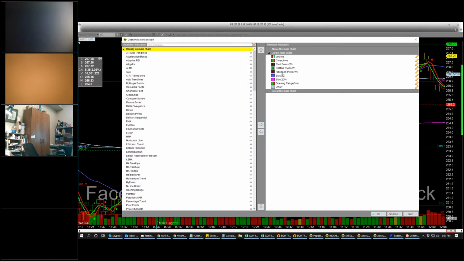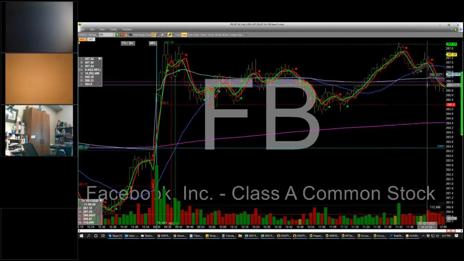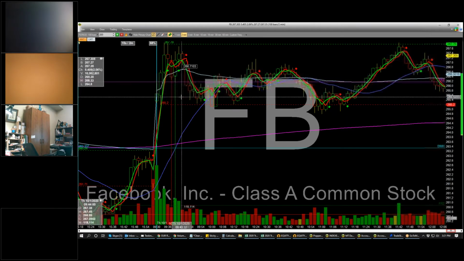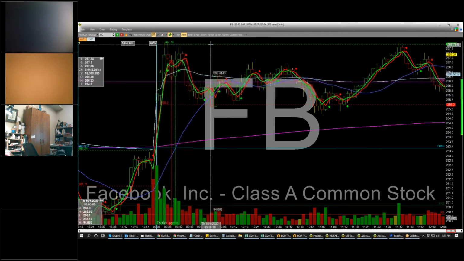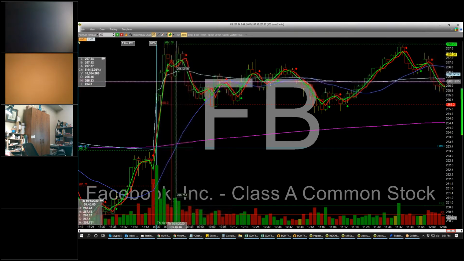Okay, we also had right here Fibonacci resistance. Actually, that was below. So this one actually shot down. It went below VWAP and actually touched a weekly pivot before bouncing. That Fibonacci resistance weekly pivot.